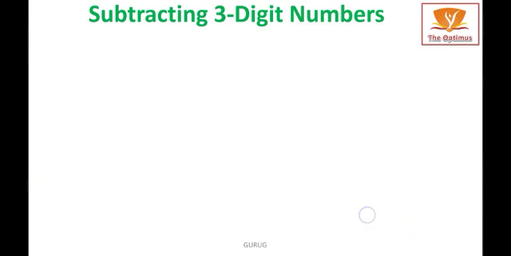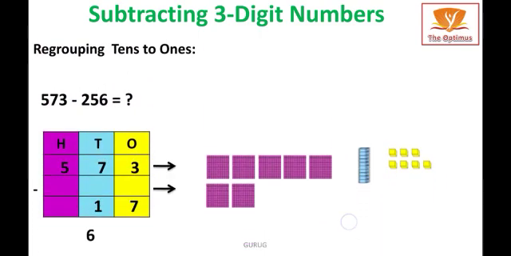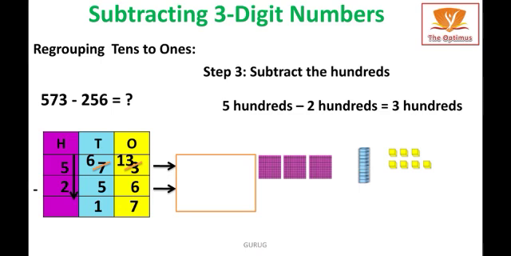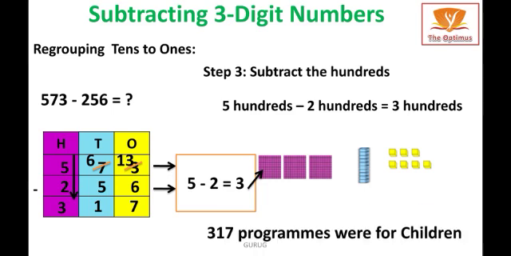Next, step 3, subtract the hundreds. 5 hundreds minus 2 hundreds equals 3 hundreds. In this 300, 3 I am going to write in the hundreds place. 573 minus 256 equals 317. Thus, 317 programs were for children.